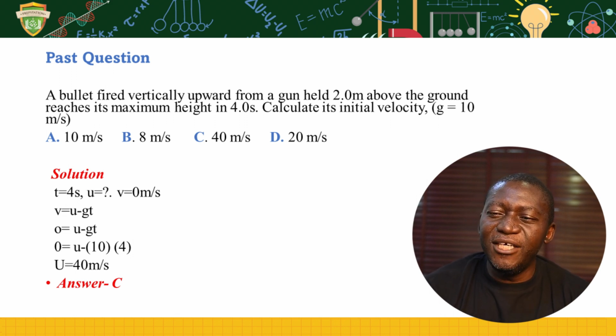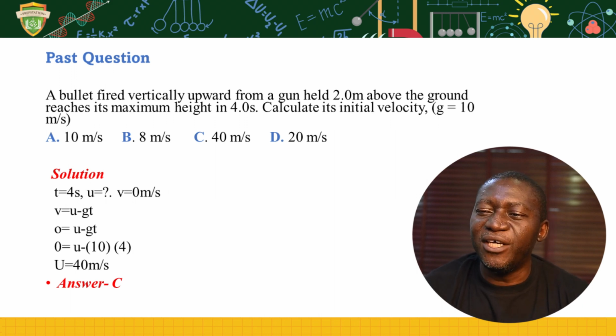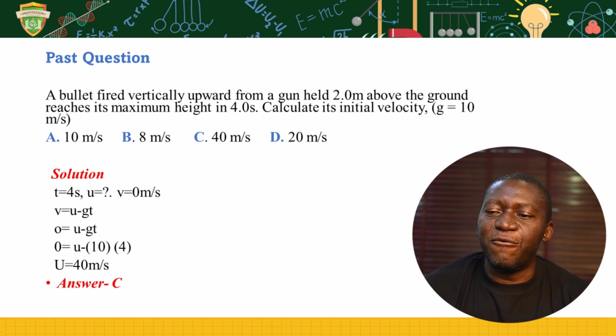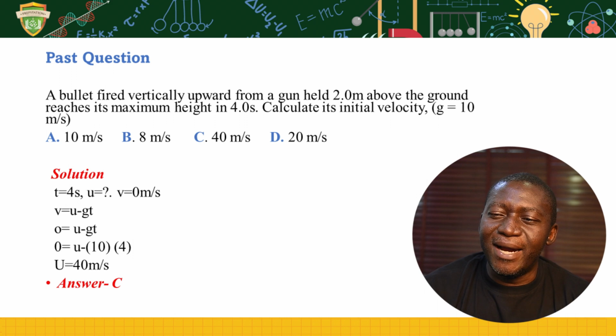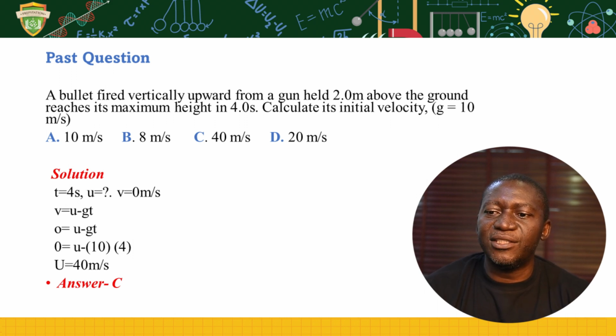So our v, which is our final velocity, is obviously 0, and then our initial velocity is what we are looking for, and then we have 10, which is our acceleration due to gravity, multiplied by the time, which is 4 seconds. So we have 0 is equals to u minus 10 multiplied by 4, and if you do that properly, you are going to have your answer as 40 meters per second. And so the option which is correct there is option C, which is 40 meters per second.